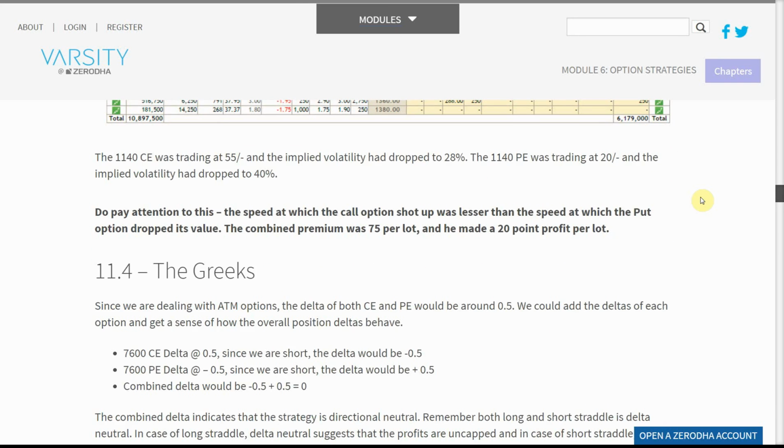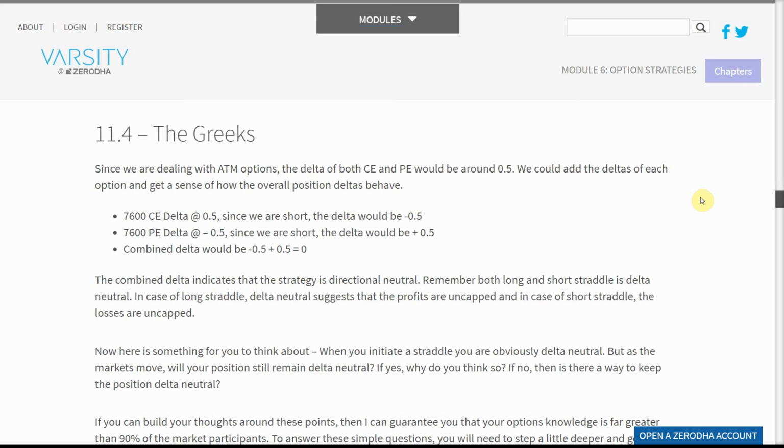Now for the Greeks. Since we are dealing with ATM options, the delta of both CE and PE would be around 0.5. We could add the deltas of each option and get a sense of how the overall position deltas behave. The 1140 CE delta is 0.5.